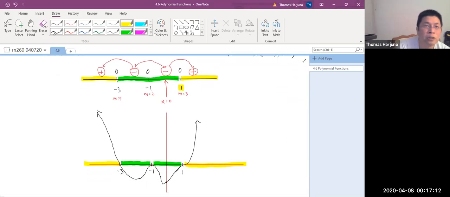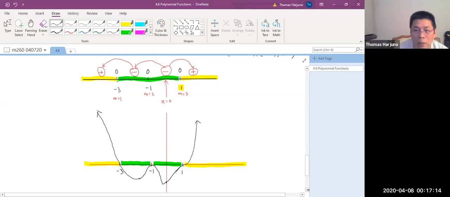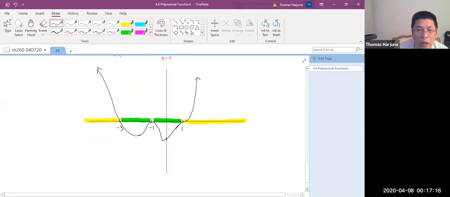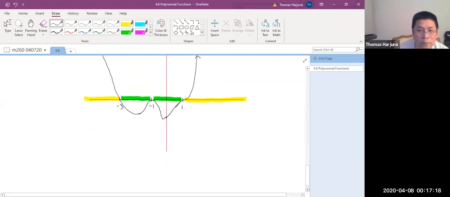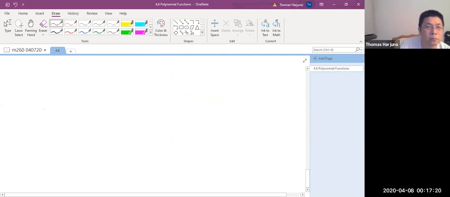If you have no questions, I'll give you another example that I would like you to sketch. At least do the sign graph, and then try to sketch what the graph looks like.